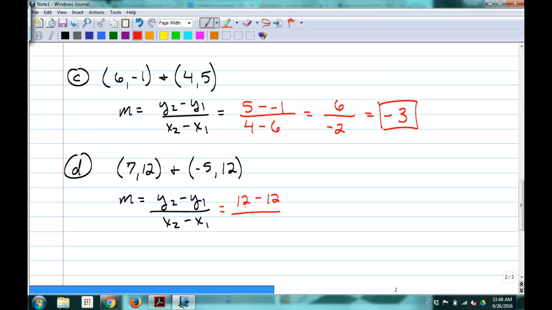Does it matter which X value I start with? No, because the y values are the same. So I'm just going to do 7 minus -5. What's 12 minus 12? 0 over 12. What's 0 divided by 12? 0. That has a 0 slope, which means the line is what? Horizontal, straight across. Horizontal line.